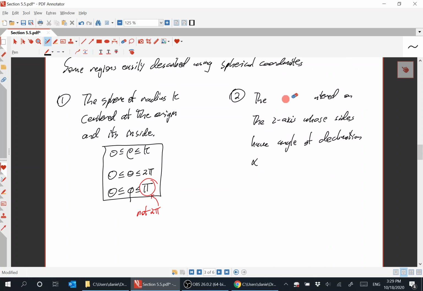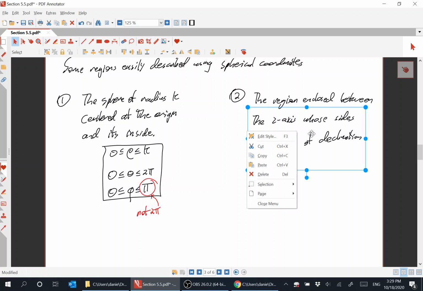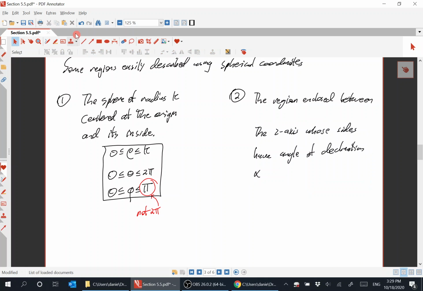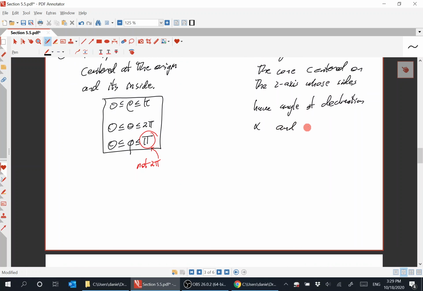So the inside of the cone, so the region enclosed between the cone centered on the z-axis whose sides have angle of declination alpha and the sphere of radius k.